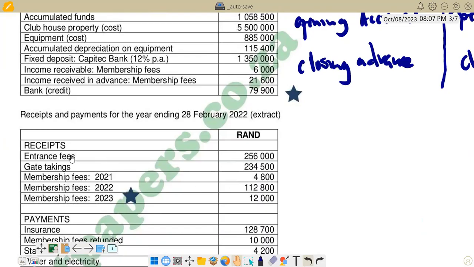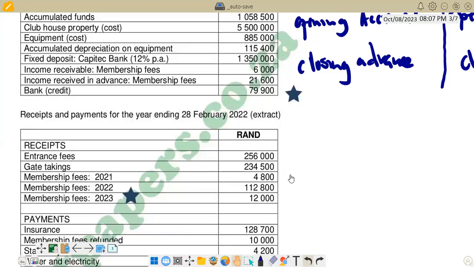Entrance fees and takings do not affect it. But we've got membership fees received for 2021, for 2022, and for 2023.